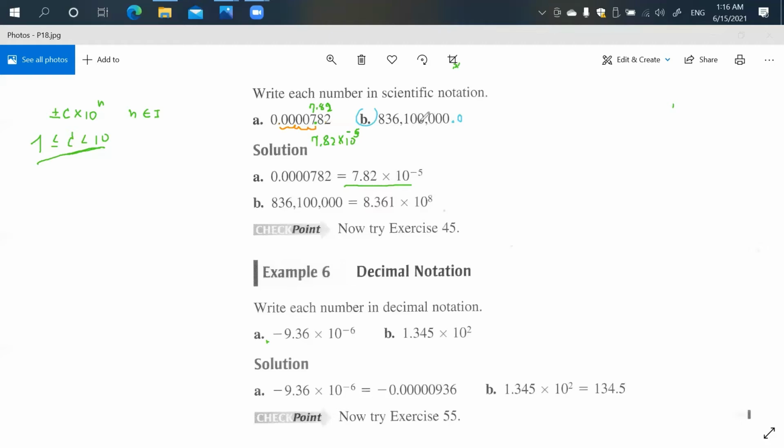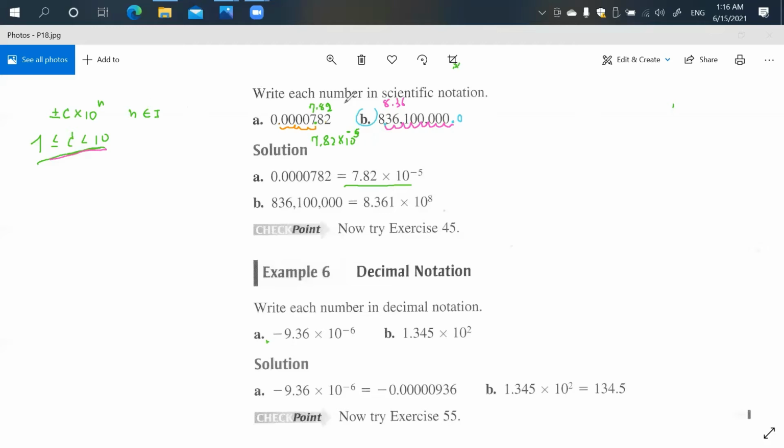From the decimal point here, I start counting to the front: 1, 2, 3, 4, 5, 6, 7, and 8. I stop right there because I need 8.36, which drops in this condition. So the decimal point is going to be here, 8.361.